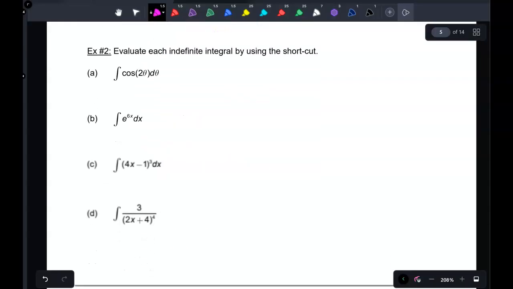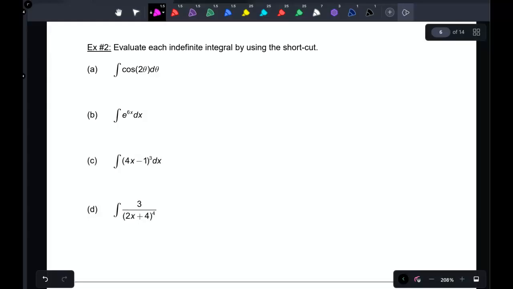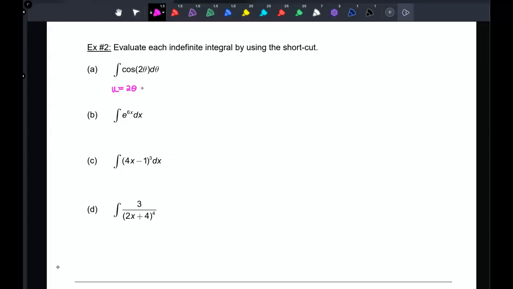All right, so we're going to do the shortcut here. Which one's k? So what would u be in this case? 2 theta. So what would u prime be? 2. I'm not writing it out as du because I'm not really doing the full u substitution.